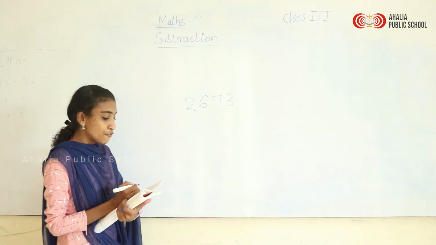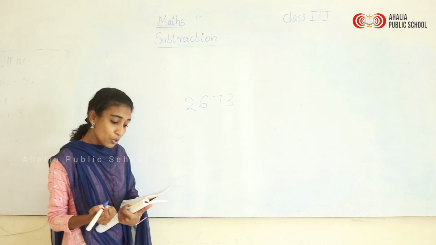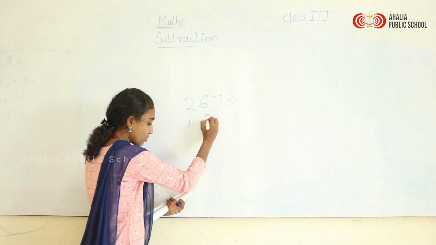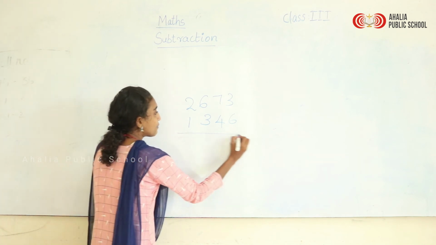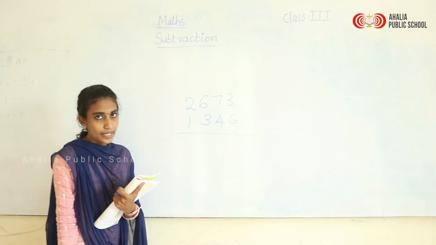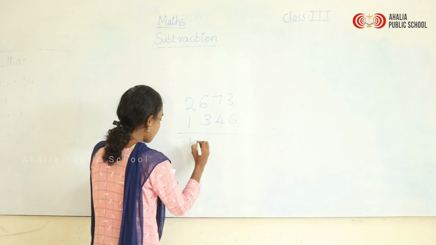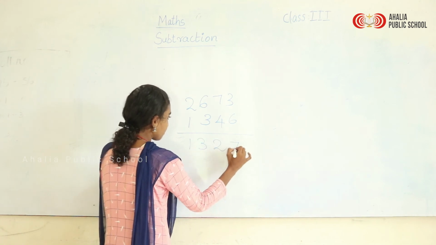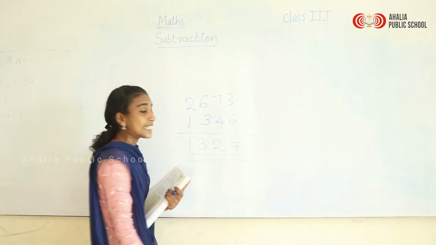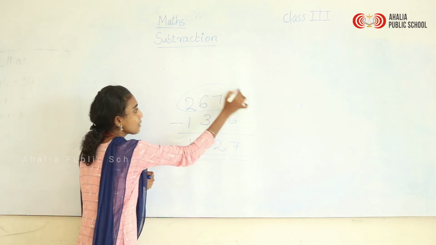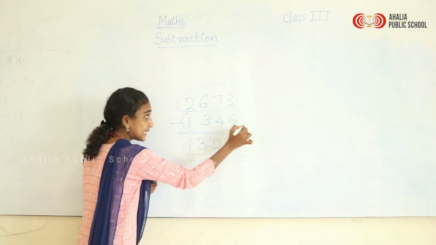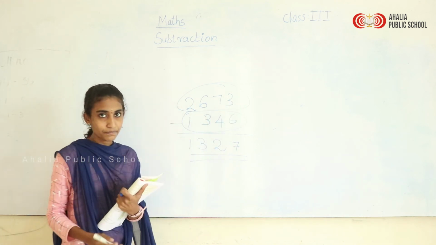And the number of chocolate bars sold is 1,346. Now what we have to find is the remaining chocolate bars. 1,327 will be the answer. That is, we are subtracting this from the bigger number.